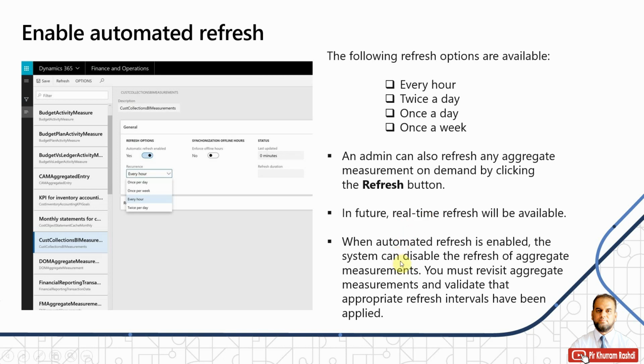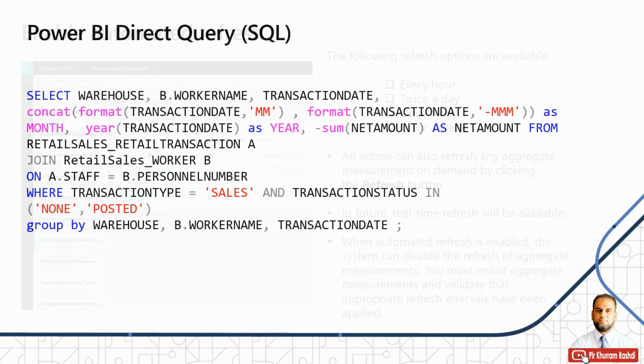Also, when automated refresh is enabled, the system can disable the refresh of aggregate measurements. You must revisit aggregate measurements and validate that appropriate refresh intervals have been applied. So you need to keep monitoring this, because at some point it may not have refreshed the database, and then you need to revisit the aggregate measures and validate that the intervals have been applied properly.